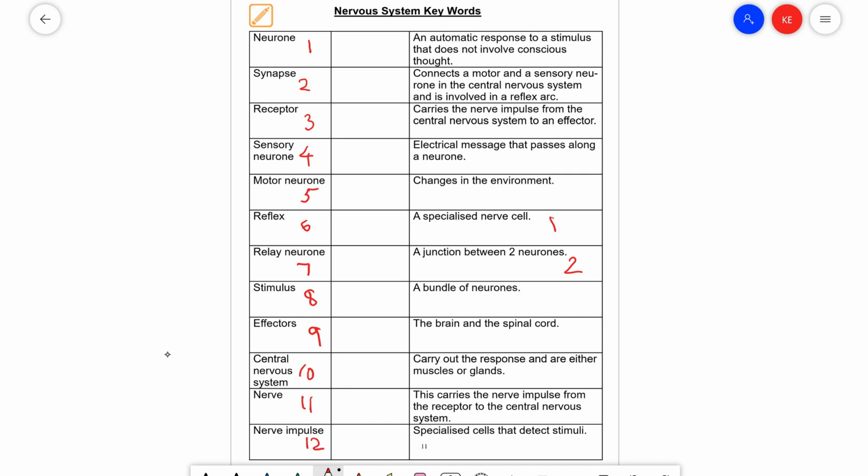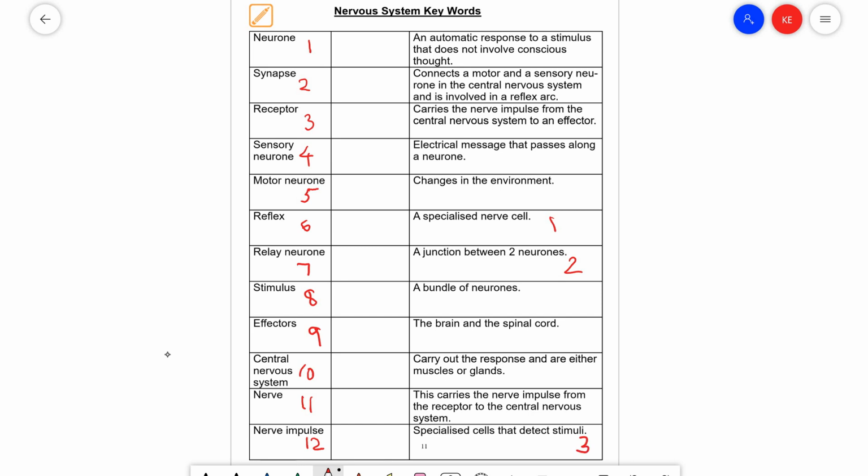So instead, a chemical called a neurotransmitter would be released from the end of one neuron to travel across that gap.